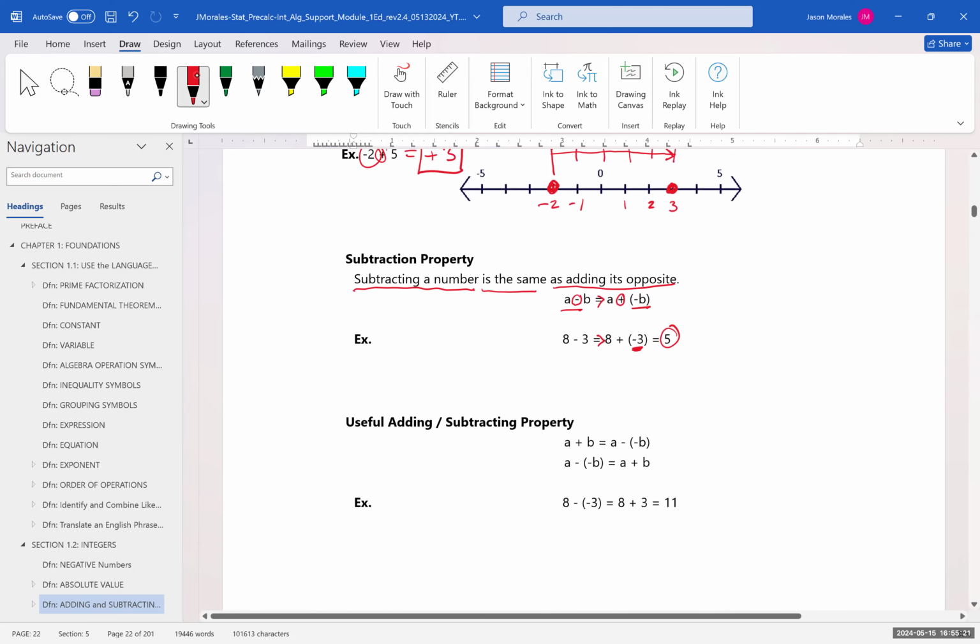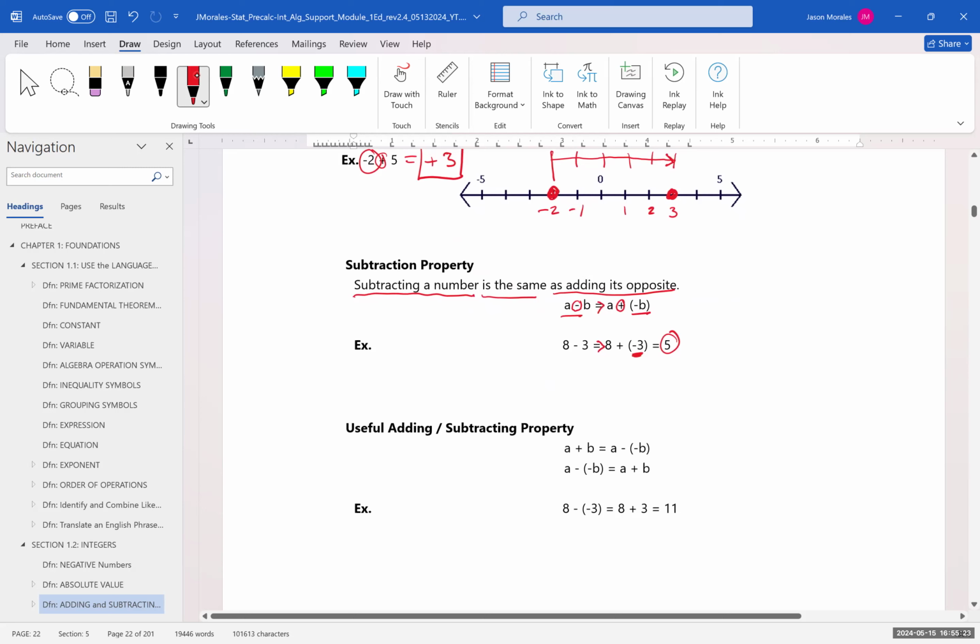Some other useful properties of adding and subtracting is you could think of addition the same as subtracting a negative integer. And the reason why this works is remember that a negative times a negative gives you a positive result.